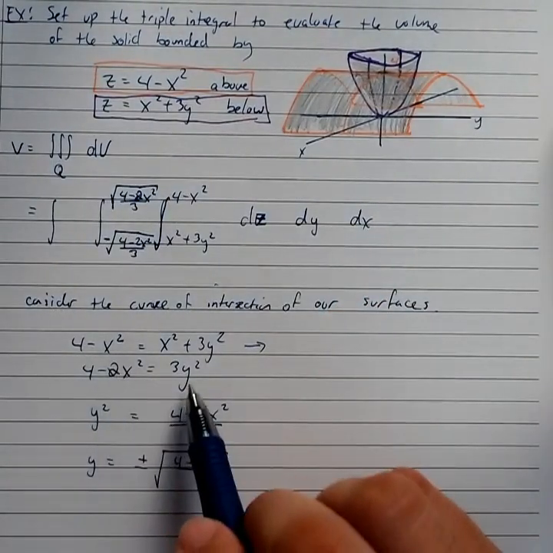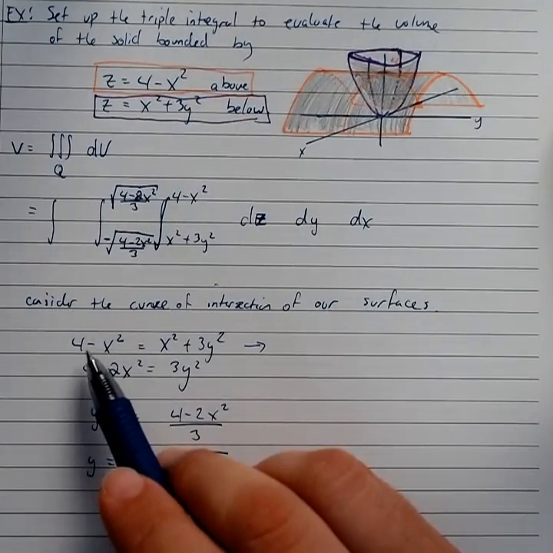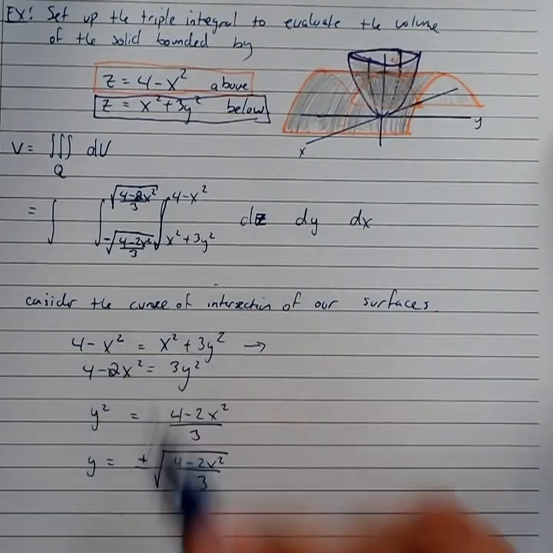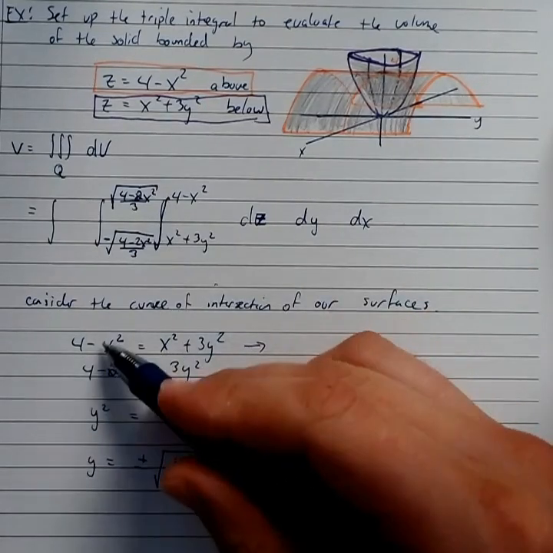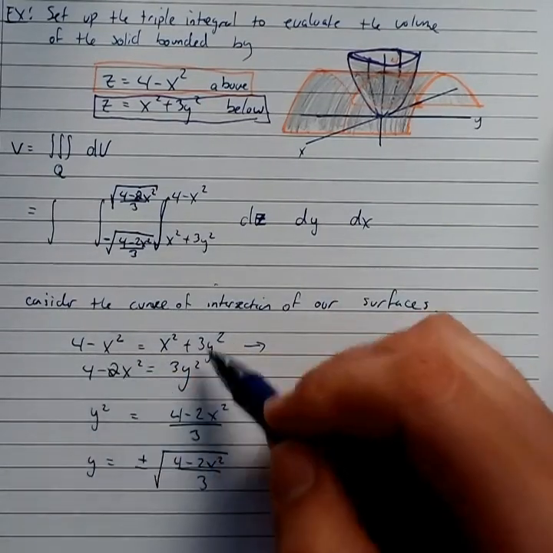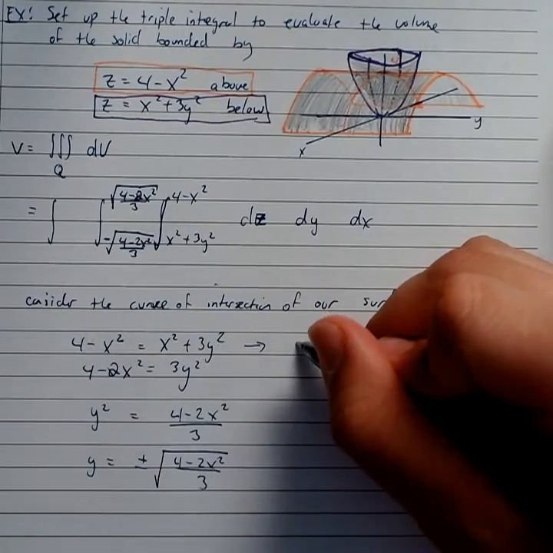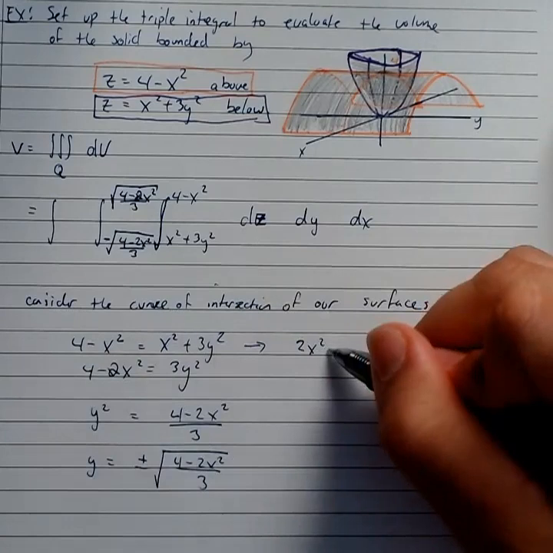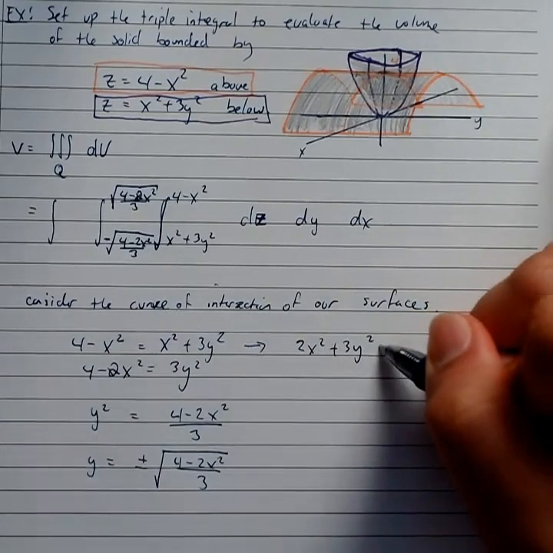Instead of isolating my y, go back to our original curve of intersection and add the x squared over this way. Instead of bringing it over here to isolate y, let's bring it back this way. That's going to give us 2x squared, since I've added it to this side, plus 3y squared is equal to 4.